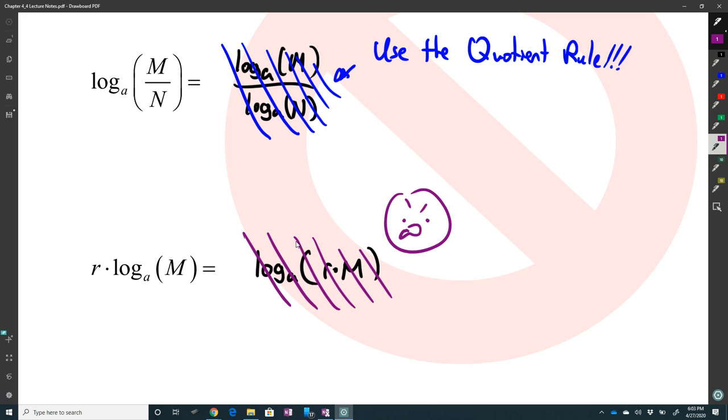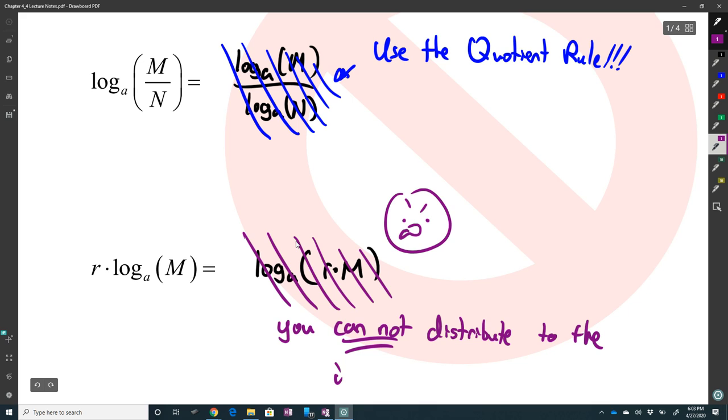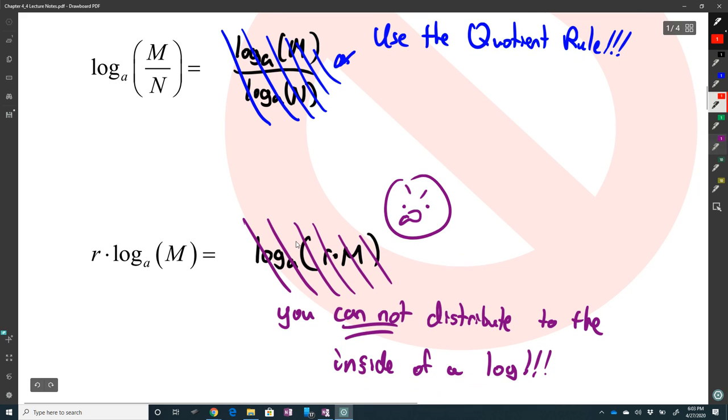You can't distribute to the inside of a log. What happens instead is if you want to distribute, if you want to bring it in, you have to use the power rule.